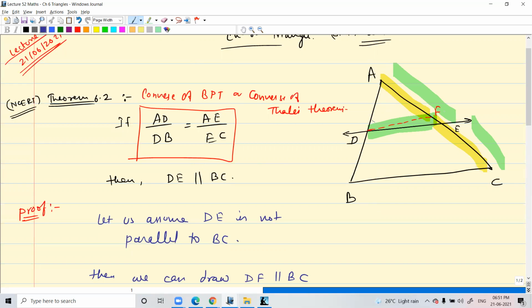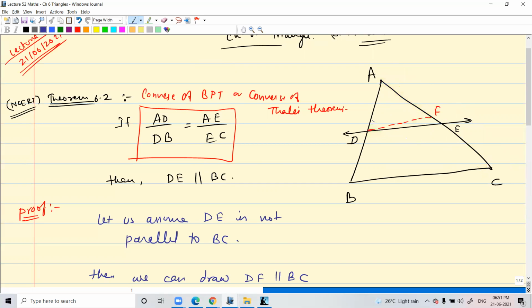Because if F was further away, just looking at the figure we have drawn, doesn't it look like CF is bigger than EC? It looks like CF is bigger if it was up over there. But if F was below this side maybe, then CF will be smaller. So both can be equal only when E and F exactly lie on the same point.